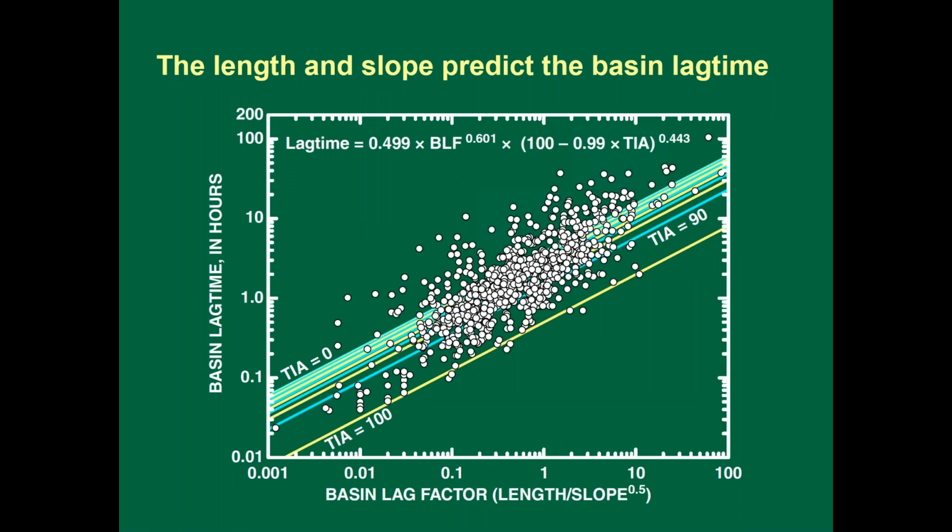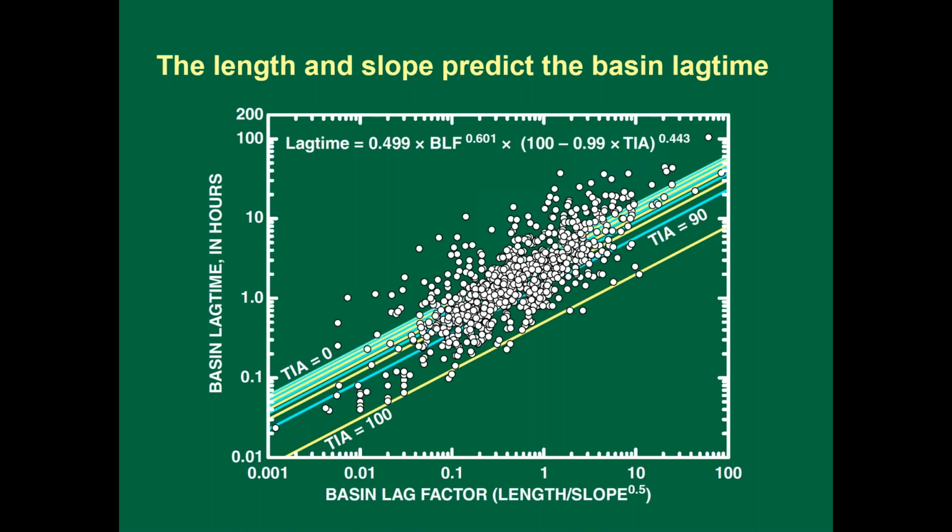As with other things, we did a lot of research to get good numbers built into SELDM so you wouldn't have to do a lot of work to get them. This graph is a scatter plot showing the basin lag time data from 896 sites across the United States, and regression equations developed using the basin lag time, the basin lag factor, which is the length over the square root of the slope, and the total impervious area in percent measured at these sites.